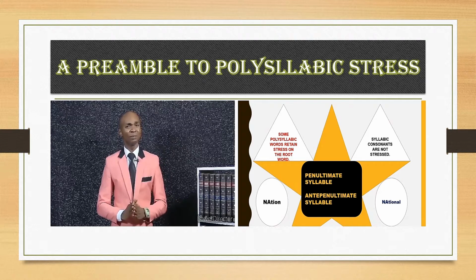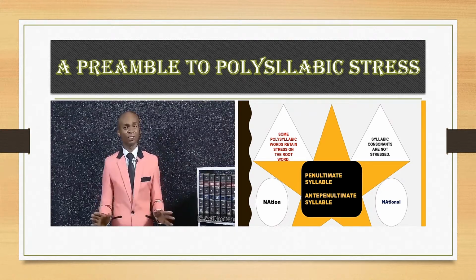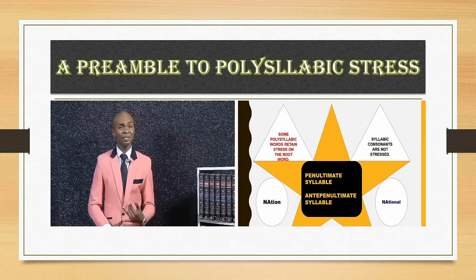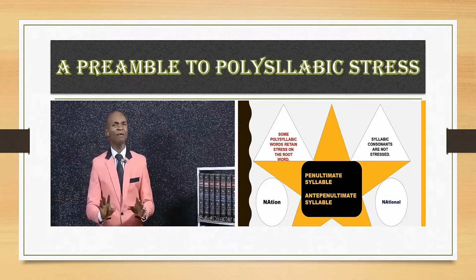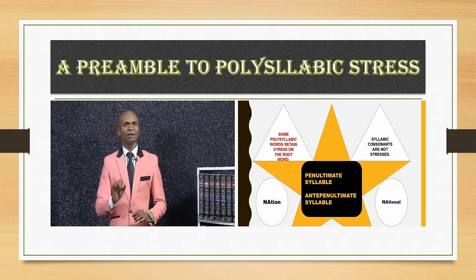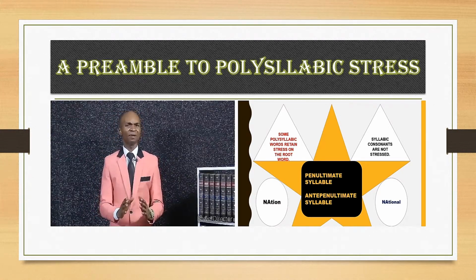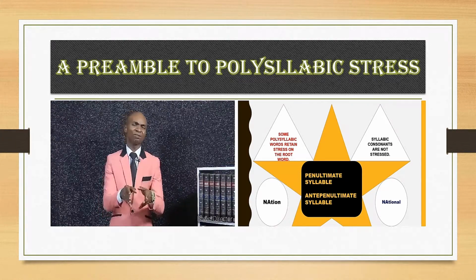Otherwise, you will have a problem with placing stress on polysyllabic words because we are not native speakers. Native speakers are the only ones who can place stress naturally on English words. But those of us who study English as a second language or as a foreign language, we have to study virtually every word ending to identify a syllable on which to place stress.